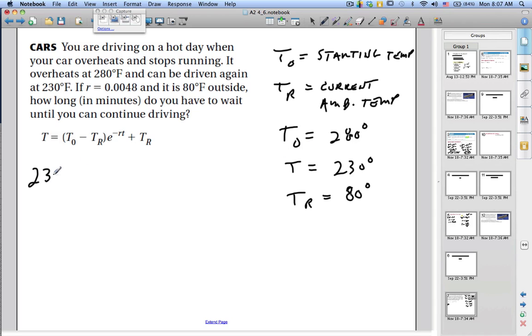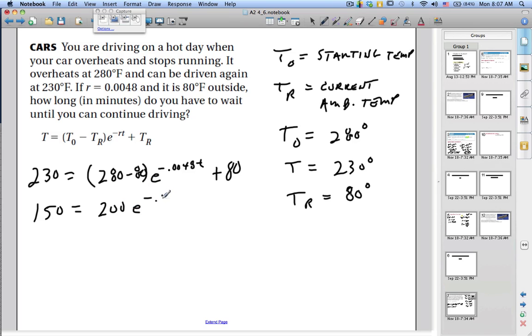So I know that 230 is equal to 280 minus 80, times e to the negative 0.0048 t power, plus T sub R, which would be 80 degrees. If I subtract 80 from either side, that would be 150 is equal to 280 minus 80, which is 200, times e to the negative 0.0048 t power.